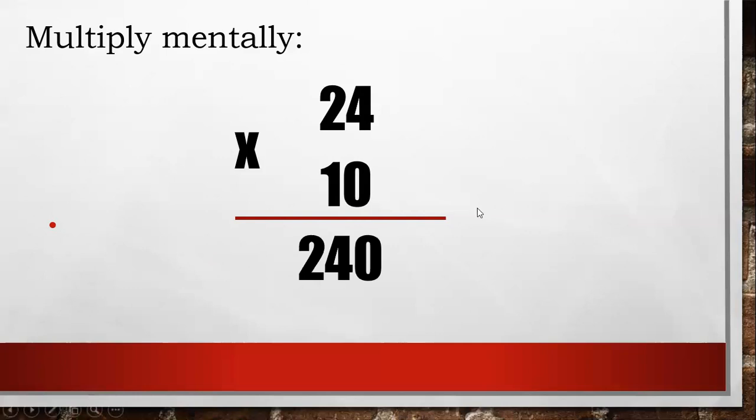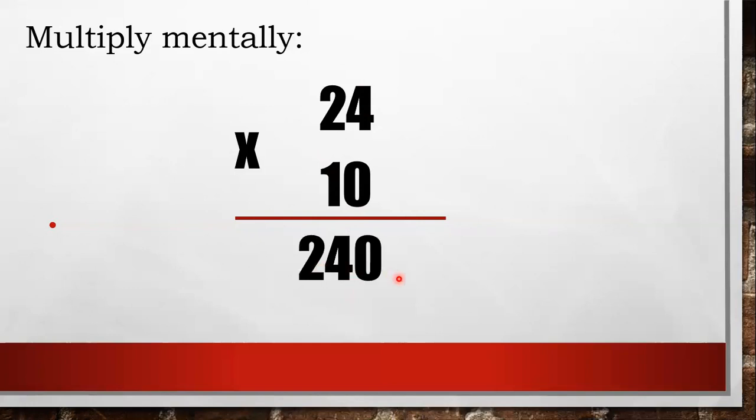Like here, we have a 0 in our multiplier. So we have to count it and reflect it in our product, and start multiplying the non-zero factors, which is 1 times 4 equals 4. 1 times 2 equals 2. Affix the 0. So the product would be 240.